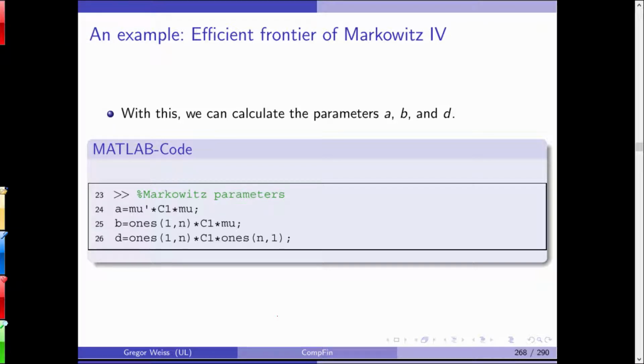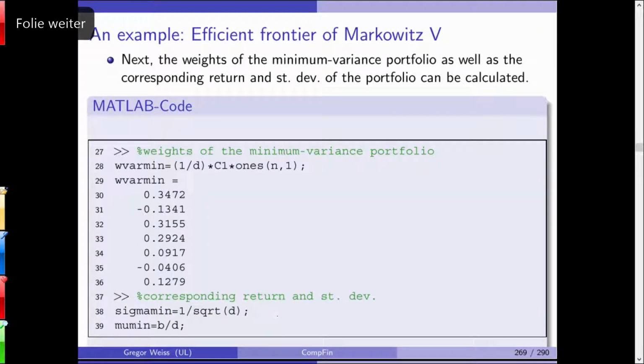Then we can calculate those parameters A, B, and D from one of the previous slides. It's not very difficult. And we can then go on and calculate the weight vector of the minimum variance portfolio. So W varmin is given by 1 over D times the inverse of C times a vector of 1s.